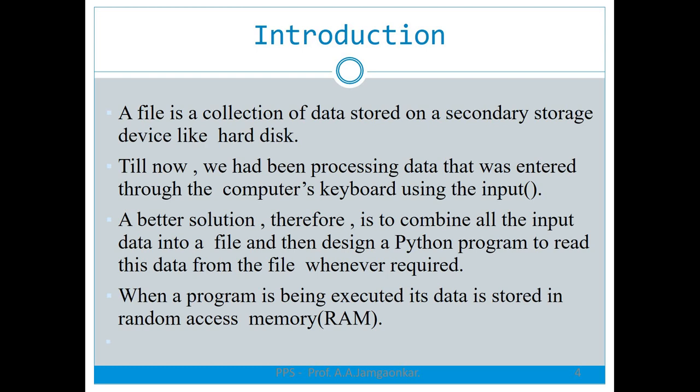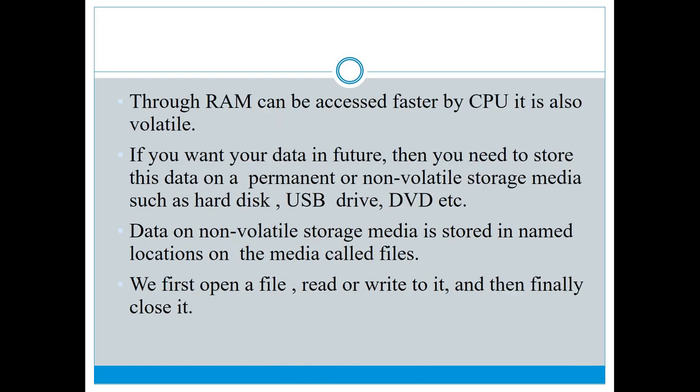Whenever we require the data, we can access it from the file. A file contains data that is stored permanently, which is treated as non-volatile data, and for its storage we can use the hard disk, USB drive, DVD, etc.